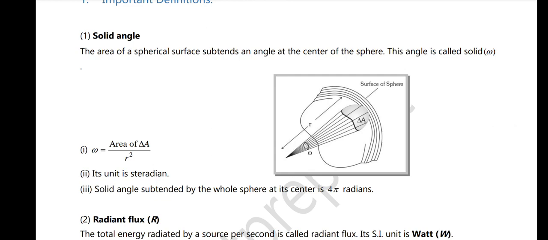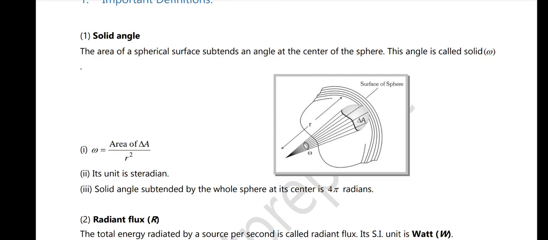Next important definition is solid angle. The area of a spherical surface subtends an angle at the center of the sphere.